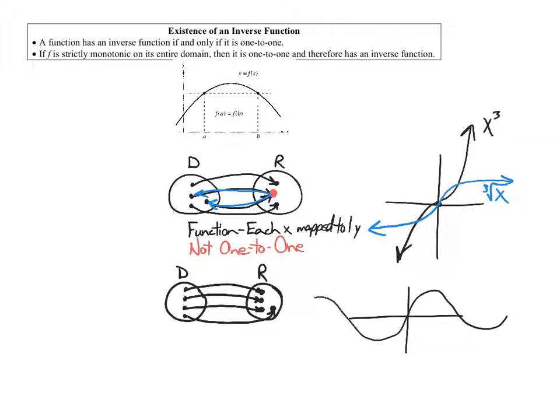Looking like this, it obviously is not 1 to 1. However, if we limit it from negative pi over 2 to pi over 2, we just made a portion of it that is 1 to 1, so we can get an inverse function of that.